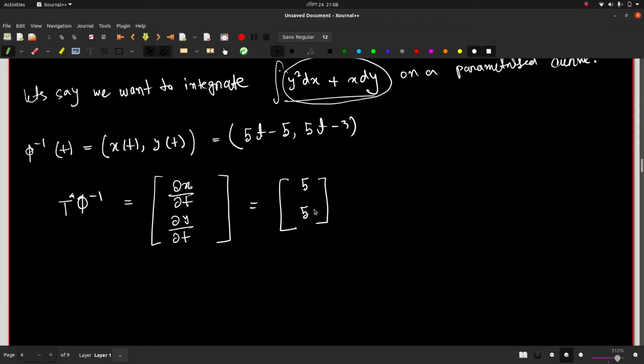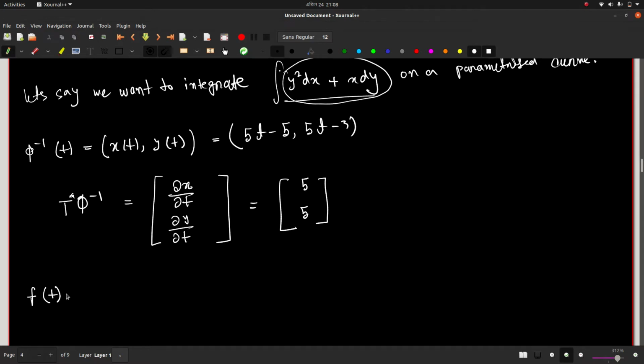Now what you do, since this is done, we note that our f of t, note that this is some f of xy, right? This is some f of xy, but we want to go for f of t because we want to get rid of these x and y's, and we want to express the whole thing as a function of t, that is the function of the parameter.